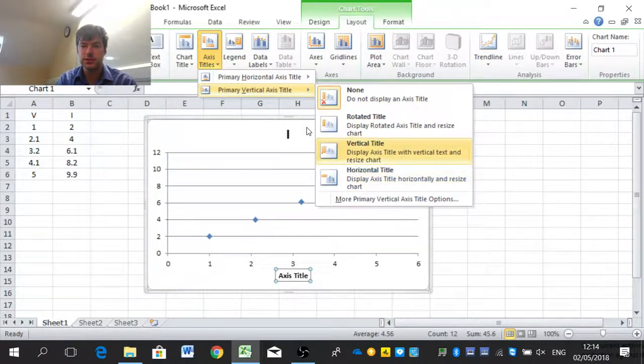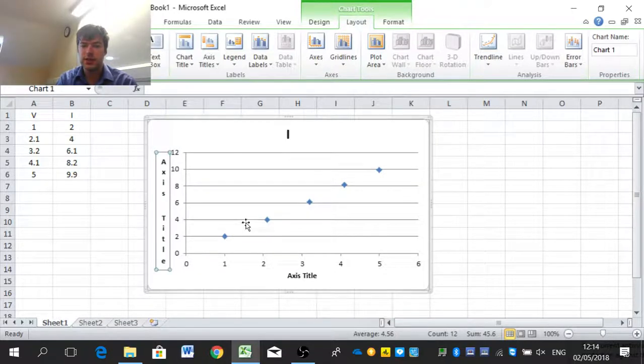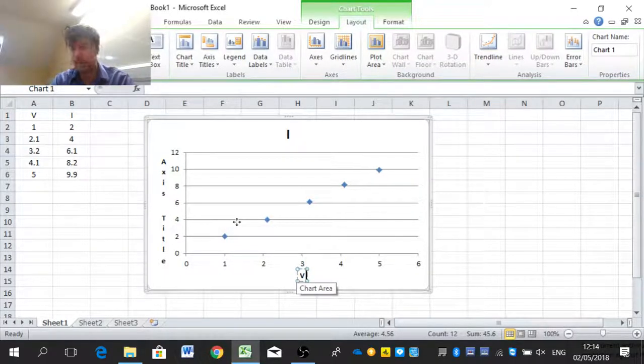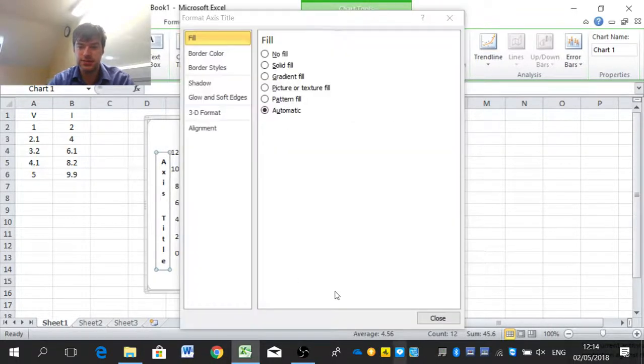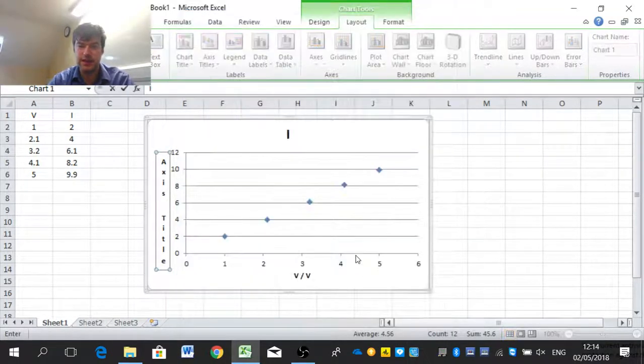Vertical here. Okay, so what goes on this one? We said this is voltage or potential difference in volts, and here this is current, which is I.